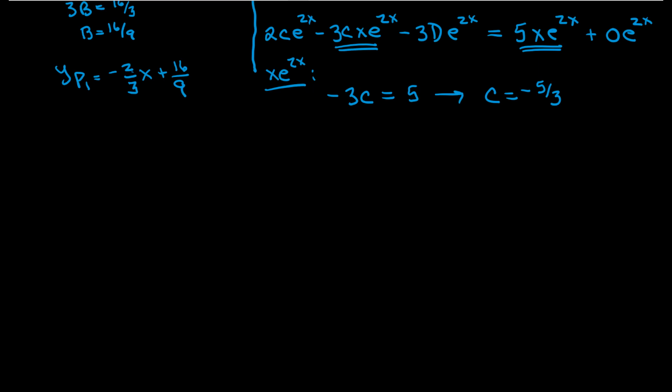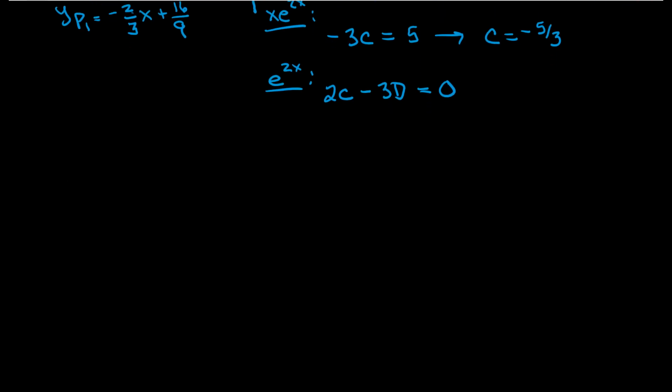Now, I'm going to look at the terms that have just the e to the 2x, and that's going to be 2c e to the 2x minus 3d e to the 2x equals 0 times e to the 2x. Well, the good news here is I already know what c is, so that's going to make it a little bit easier to compute d.